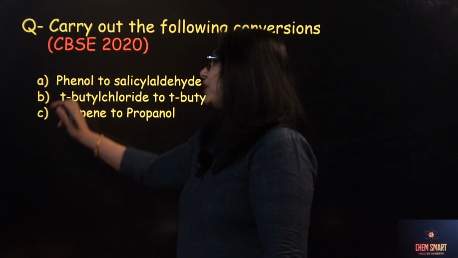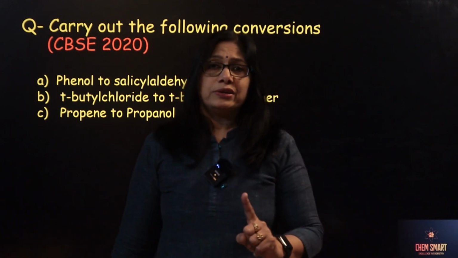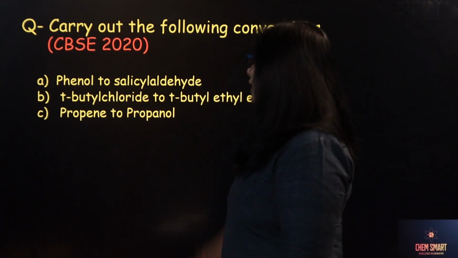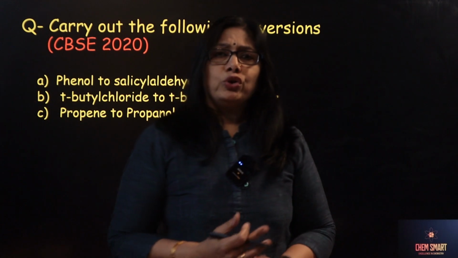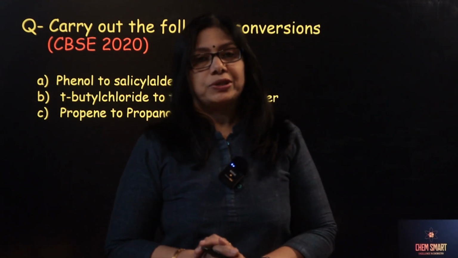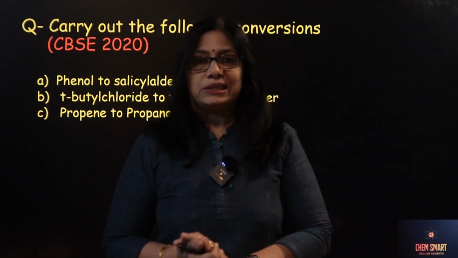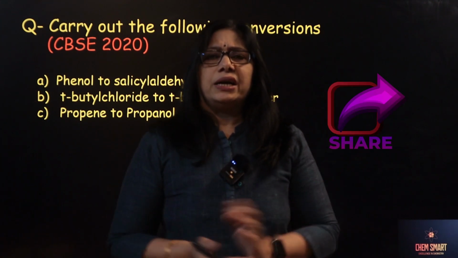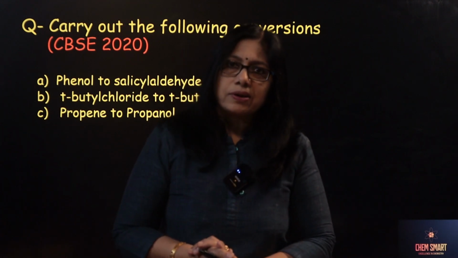Now, this question is a bit tricky. I would say very tricky, where many students may lose marks. Tertiary butyl chloride to tertiary butyl ethyl ether. To prepare an ether, we normally follow the Williamson synthesis from an alkyl halide and an alkoxide, right? Which is the SN2 mechanism. I have told you in the previous session. If the alkyl halide is tertiary, SN2 becomes difficult due to increased steric hindrance, right?